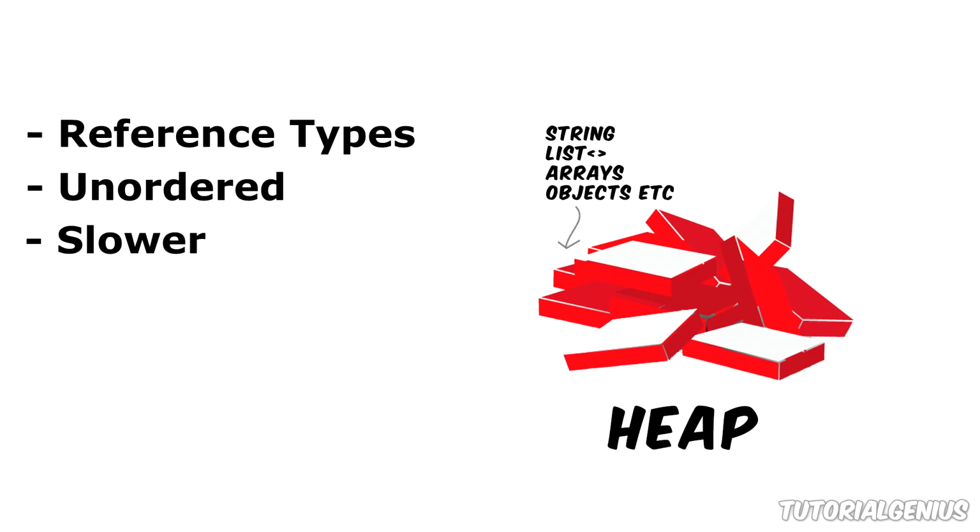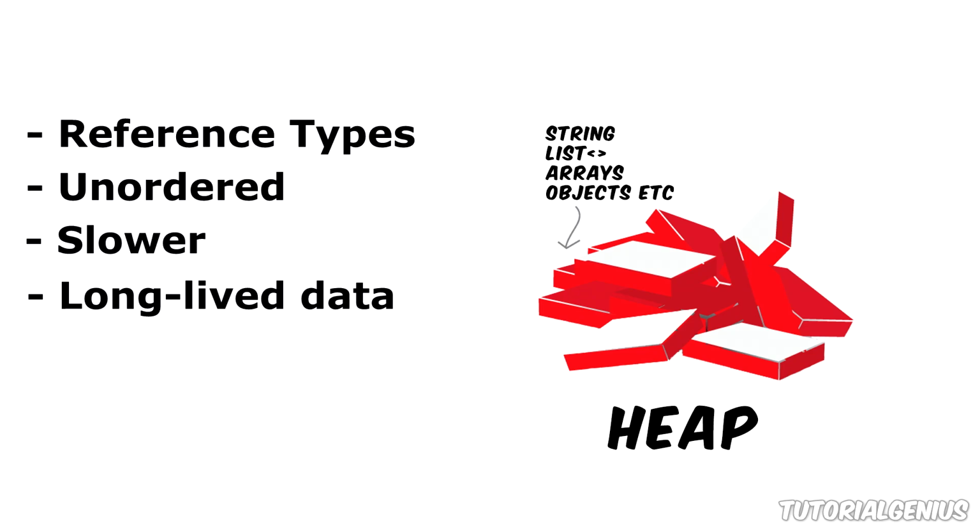Therefore, it's considered slower than stack memory. Generally, you keep long-lived items on the heap, so complex objects, but also things that will be made available for a long duration of the running of your application. Whereas things on the stack would be considered short-lived, so maybe a quick calculation like 4 plus 4, for example.